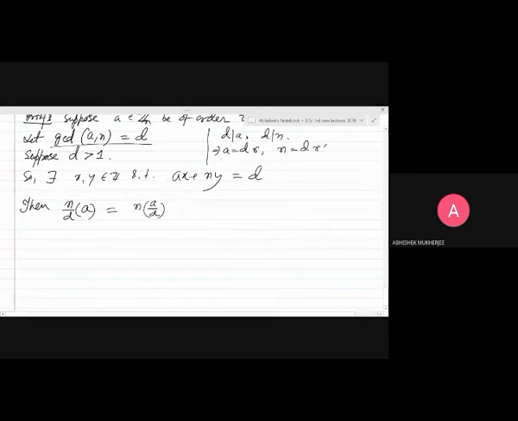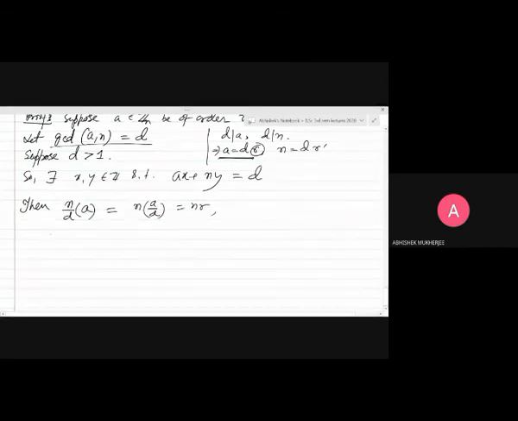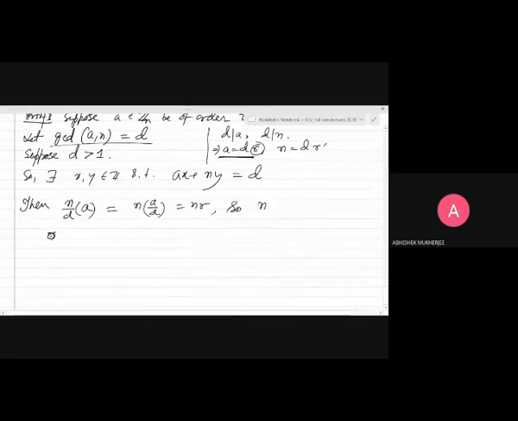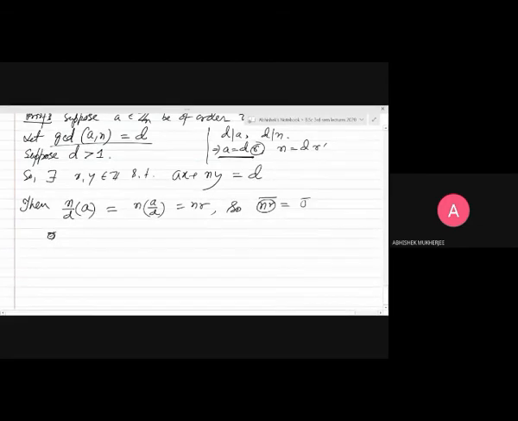Since a by d is an integer, a by d is r, so it is n r. Then what is n r class? Since it is a multiple of n, it must be the 0 class.